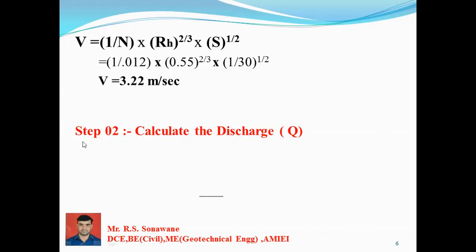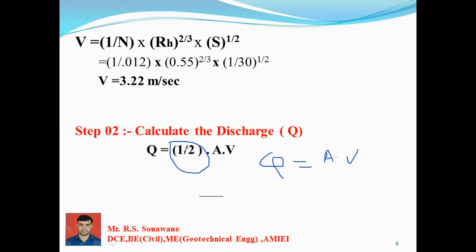So step number second, calculate the discharge. Already in the numerical example it is given to also calculate the discharge. So how to calculate discharge? You know the formula of discharge, that is Q equals A into V. But consider the half value here, because in the numerical example it is given half of full sewer.